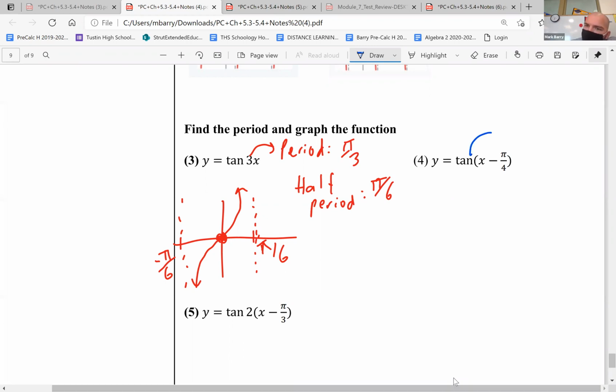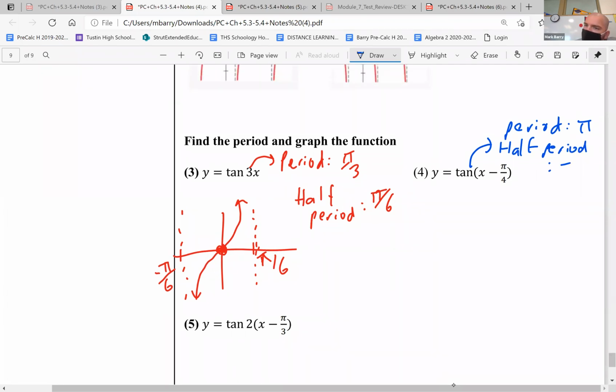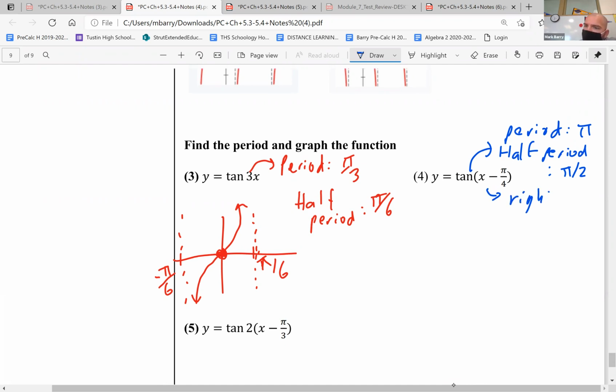Okay, this one right here, the period is pi over 1, which would just be pi. The half period is going to be pi over 2. Then we do have a horizontal shift here to the right, pi over 4.